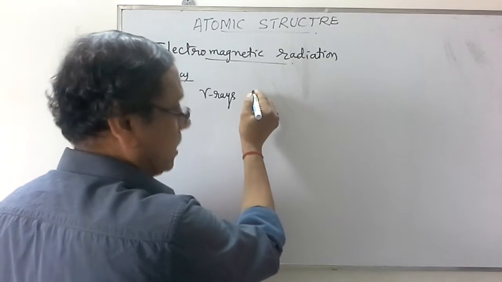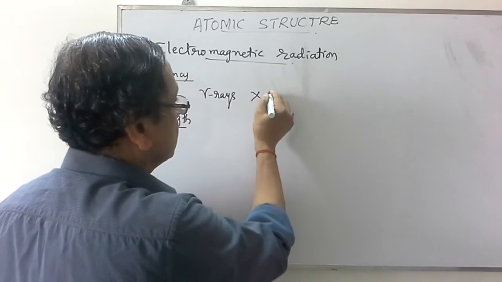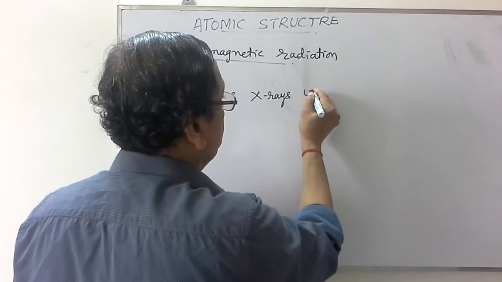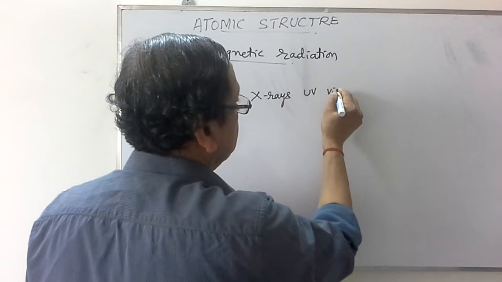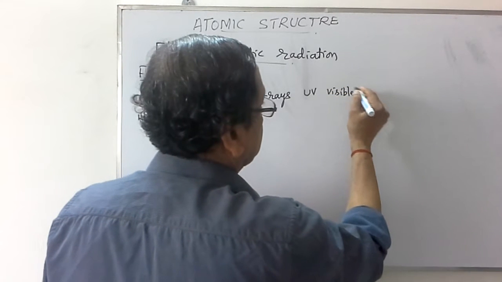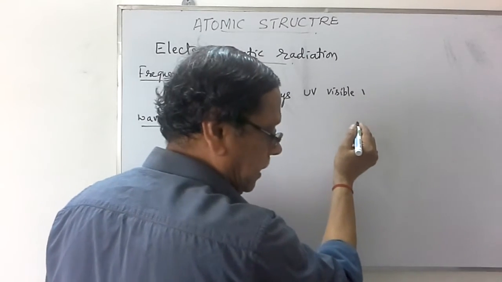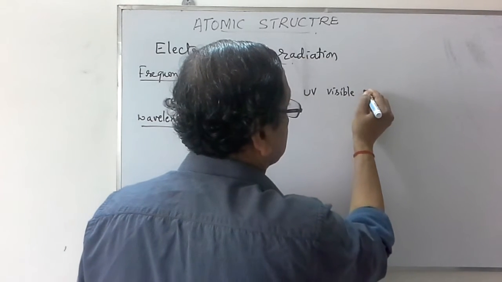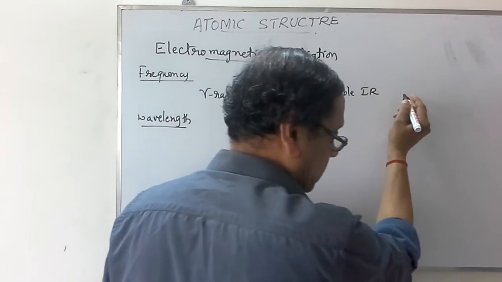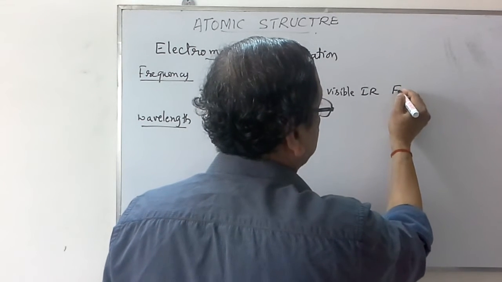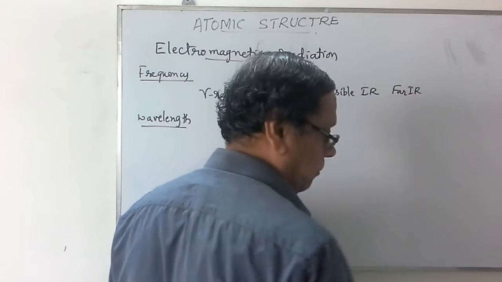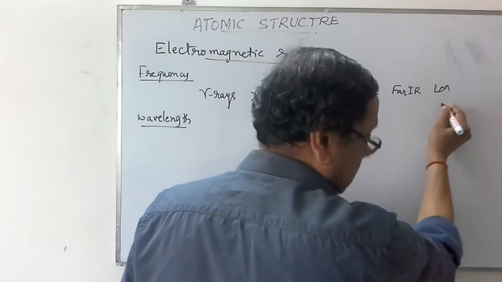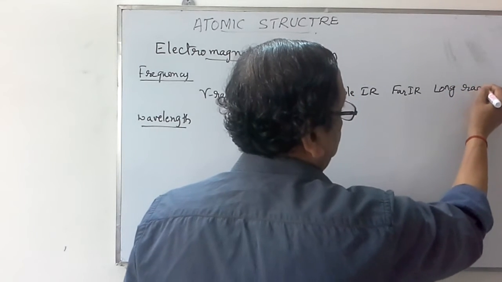Then we have X-rays. Then we have UV, ultraviolet, then visible, then infrared, then far infrared, frequency modulator, then long radio waves.